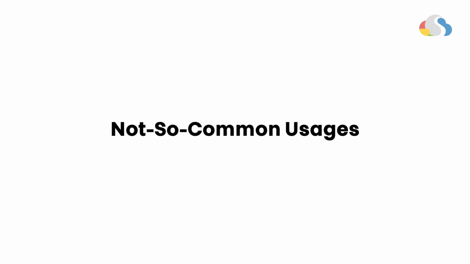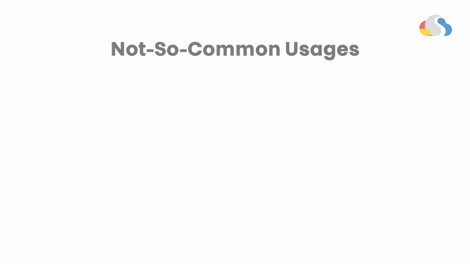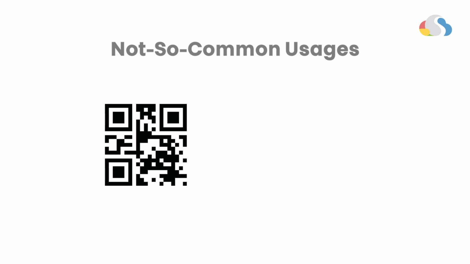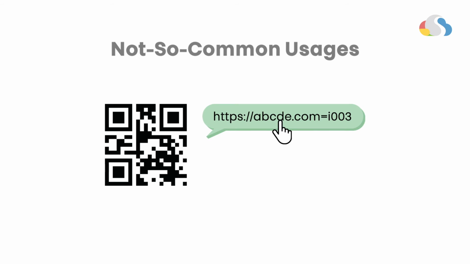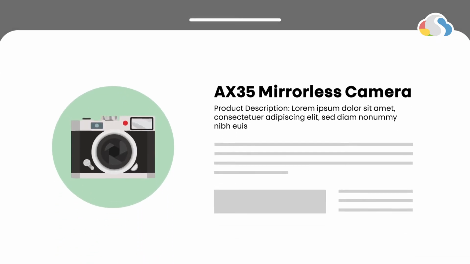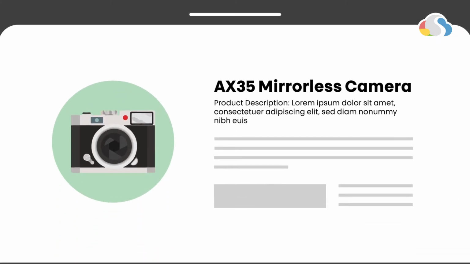Moving on from that, there are also not so common usages of barcode and QR code stickers. For example, I could create a QR code that gives me a URL, a web link. In this example, some of my clients have the barcode, they will scan it, they get the URL, and the URL will give them product information like product description, manufacturing details, ingredients, and so on and so forth.